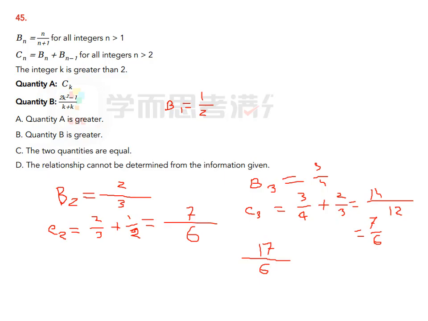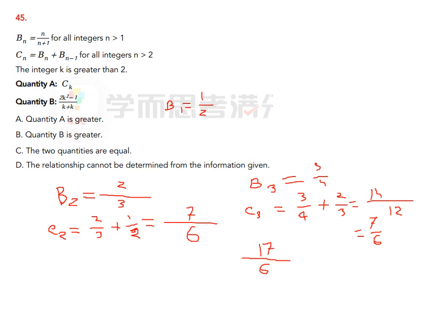In the same way, we will calculate C3, because for the Cn, the condition is n greater than 2. So for C3, we get 7 by 6 also. So the value of A will be 7 by 6. And what is the quantity B? 2k square.